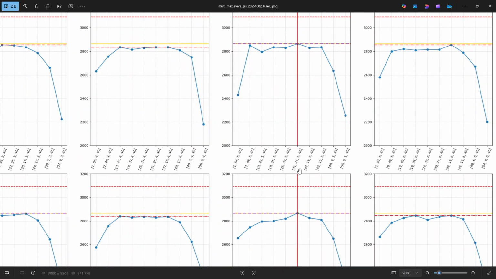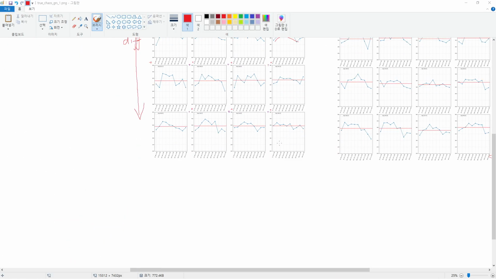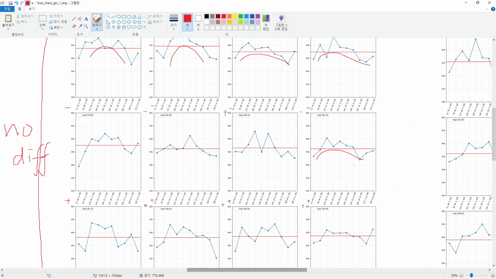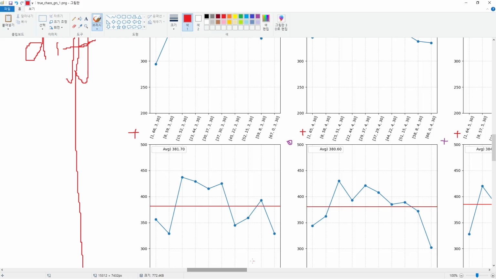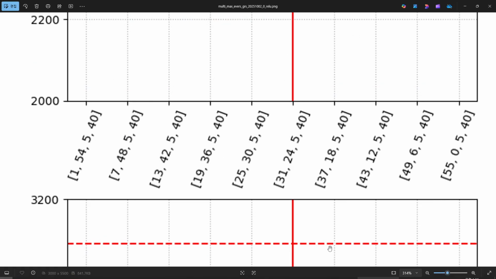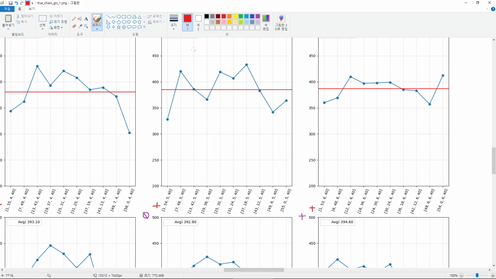So the first is 31, 24, 5, 40, which is here, I think, since this is the first one. 31, 24, 5, 30, 40, which is this one right here.